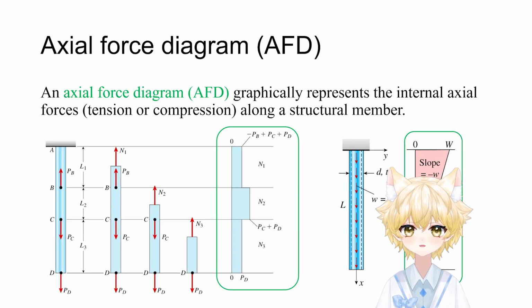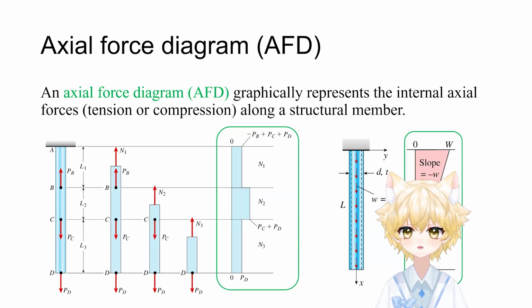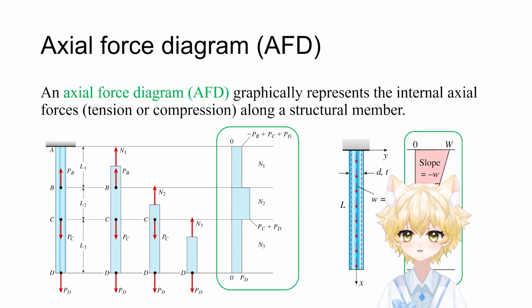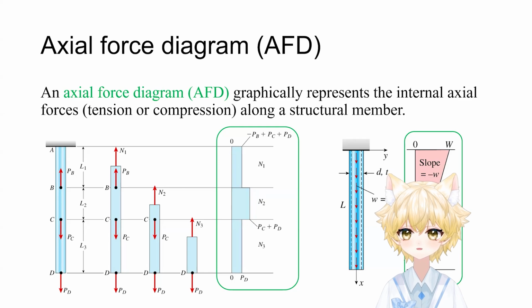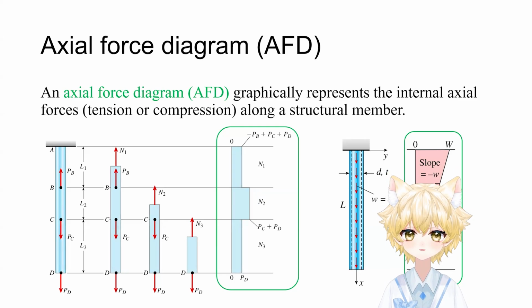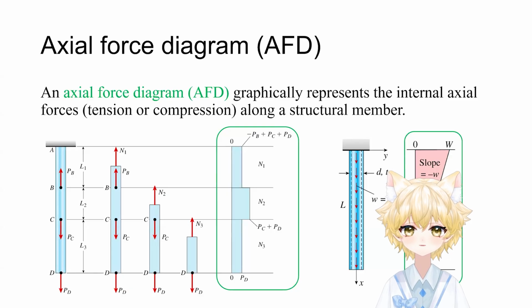On the left, look at the bar with the intermediate loads. Notice how the diagram looks like a set of stairs, right? That's a characteristic of point loads or concentrated loads. The internal force remains constant within each segment, then jumps instantly whenever we pass an external load.